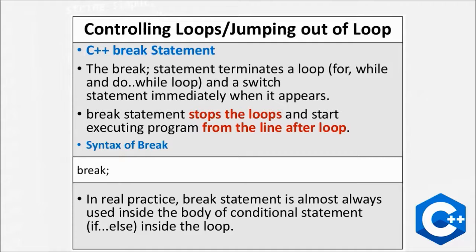Before this lecture, you had a lab where you learned how to use switches, and this break statement is also used in switches to terminate them. As the name suggests, break means we want to break the loop. The break statement stops the loop and the program continues executing from the line after the loop.